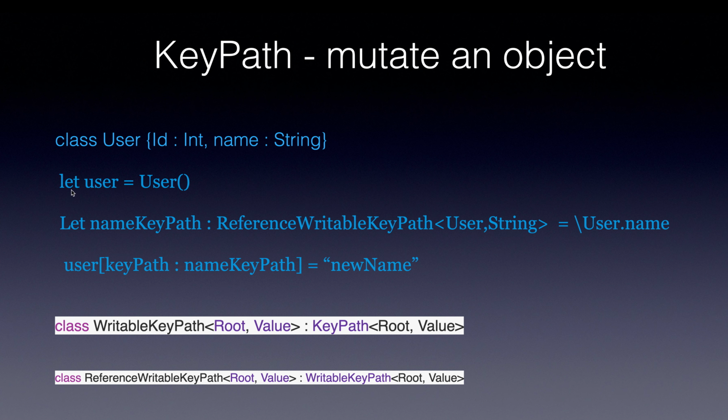When you create it with a var keyword, that is a mutable object, and so it can be either a reference writable key path or a writable key path. In the case of a structure, when you create an instance of the structure with the let keyword, that is immutable.